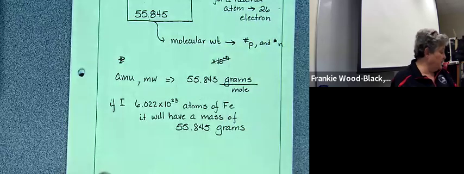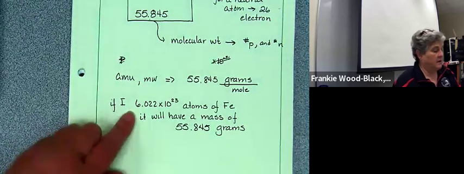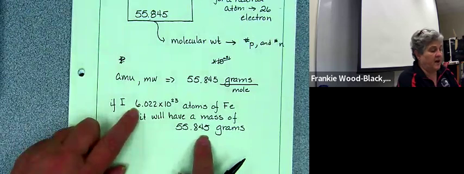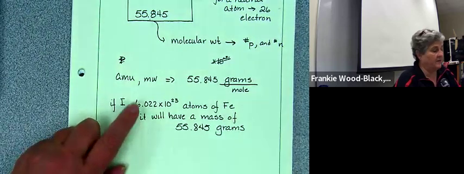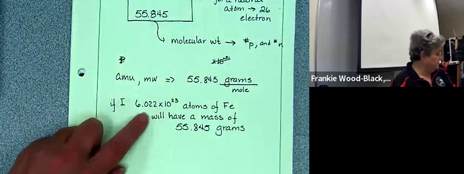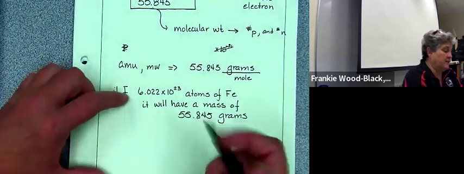And our mole is defined based on carbon 12. So if I have 55.85 grams of iron, I have 6.022 times 10 to the 23rd atoms. But this occupies space.